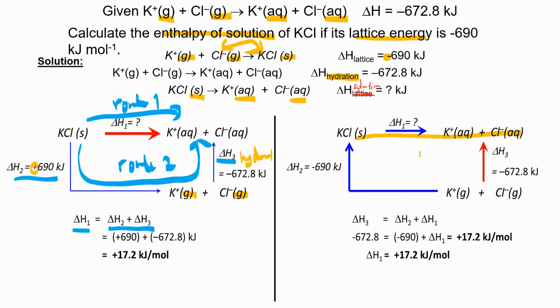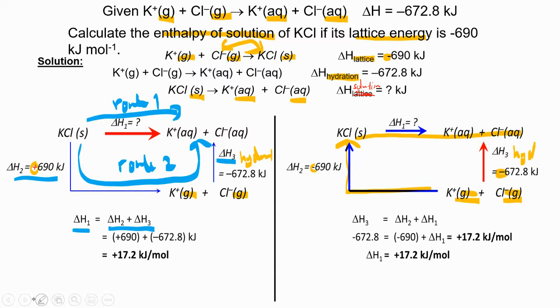From gaseous ions to aqueous, hydration, I maintain it, so I don't have to reverse the sign of the enthalpy. Another one given is the lattice energy, from gaseous ions to ionic solid. Because I didn't change anything, it is still a negative sign.